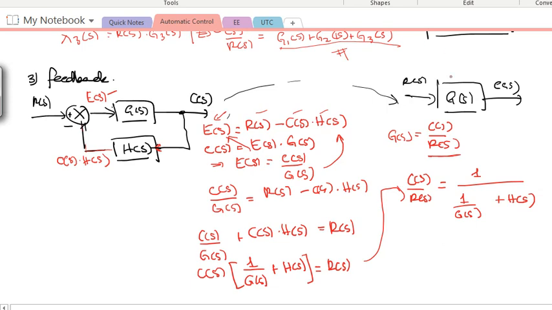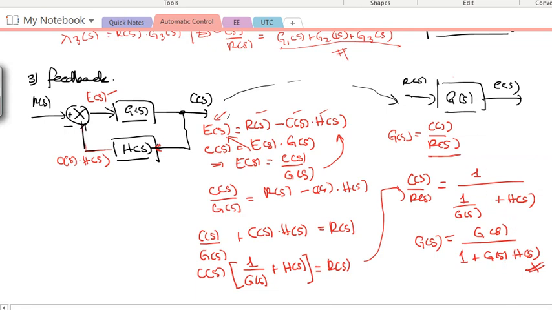And if you do the math, in a simpler form, this equals GS over 1 plus GS HS. So this is GS in one single transfer function form.